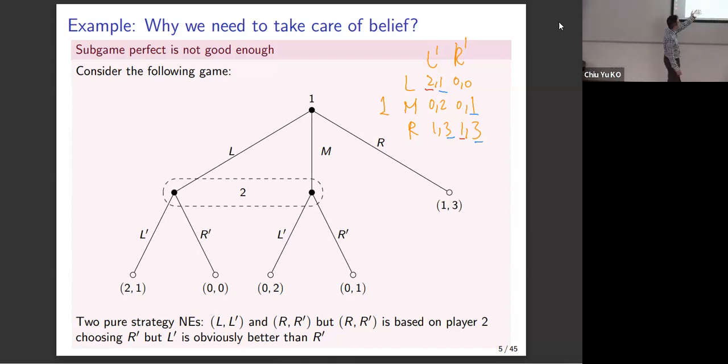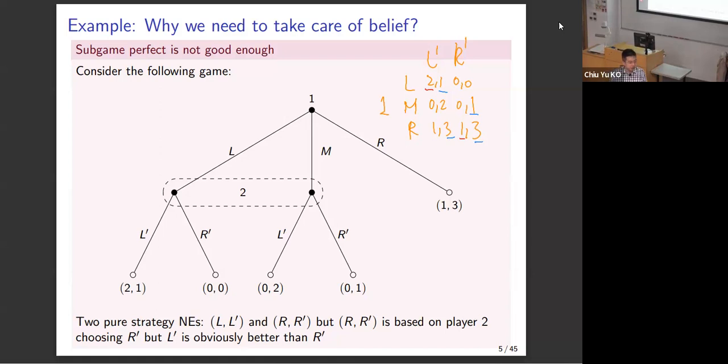If you're here, you would choose 1 over 0. If you are there, you would choose 2 over 1. There's no reason in the world that you would choose R prime. L prime is always the thing you do. R prime is weakly dominated, or certainly dominated, but it's allowed in the Nash equilibrium.